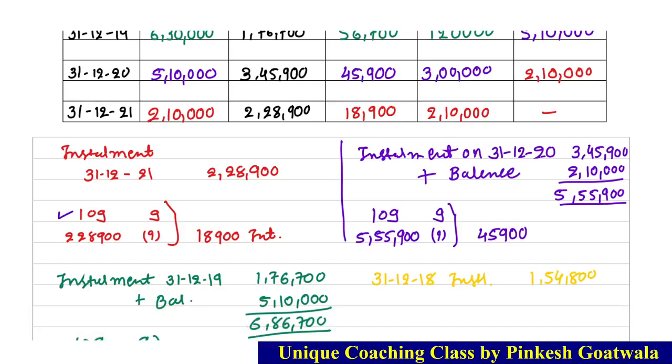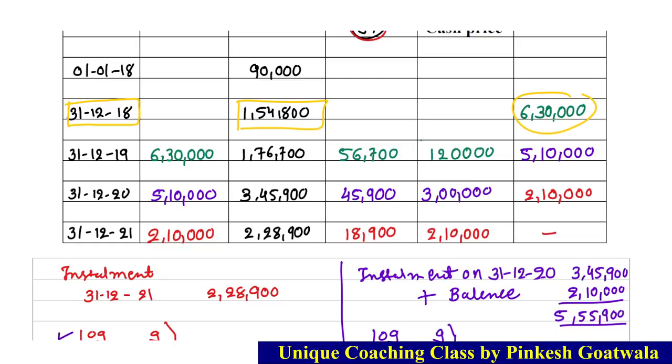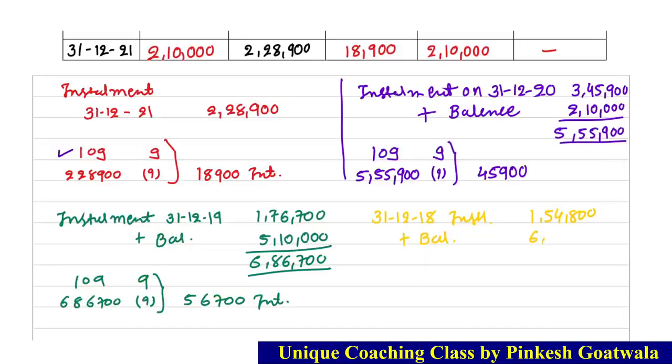Add the balance of 6,30,000: 1,54,800 plus 6,30,000 gives 7,84,800. So 109 on 7,84,800, how much do we get? You will get 64,800 as the amount of interest.